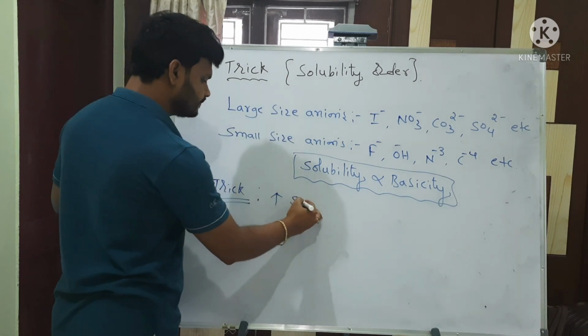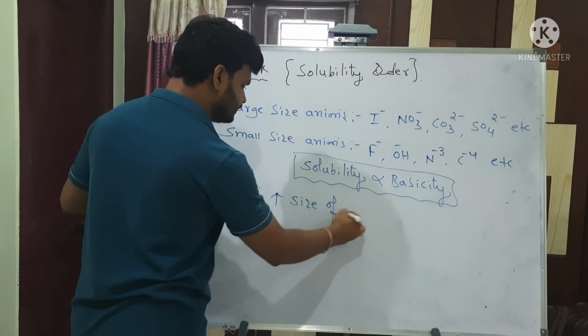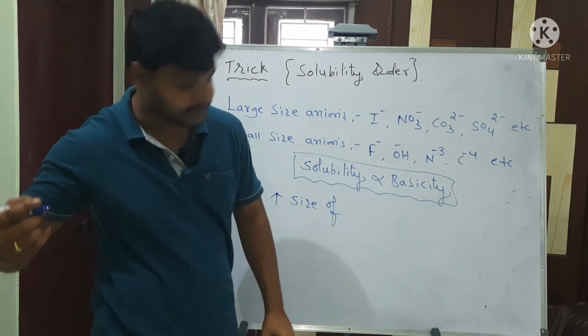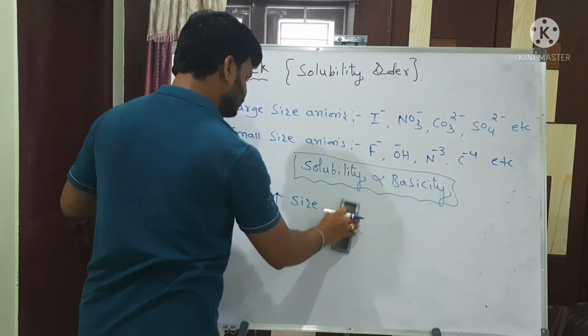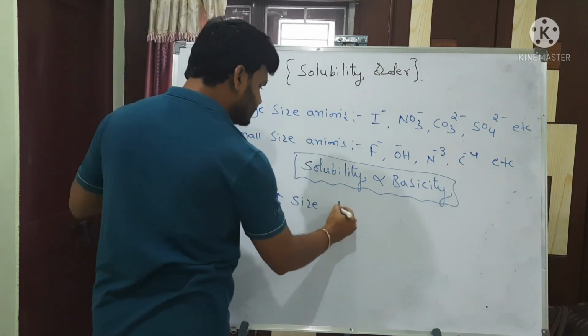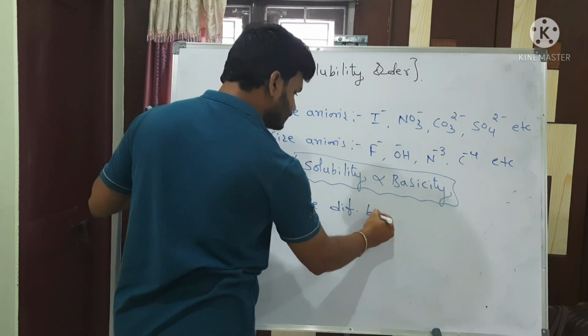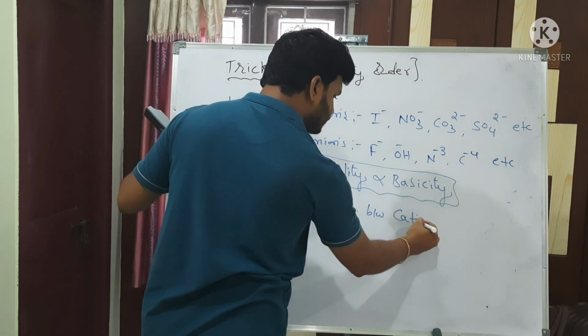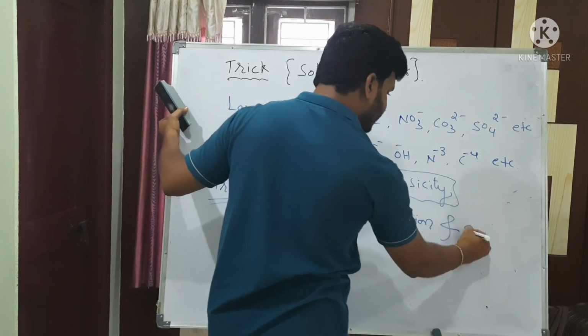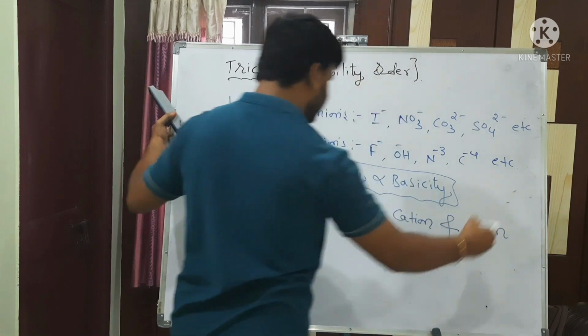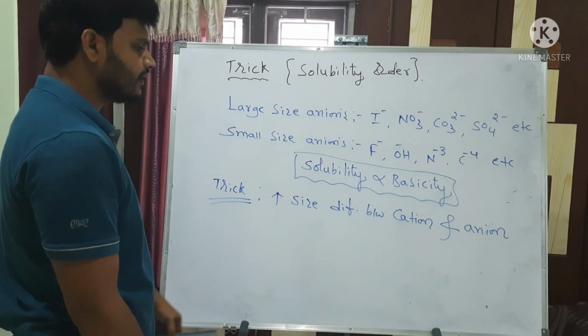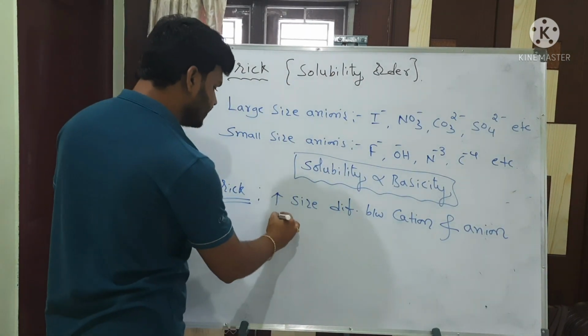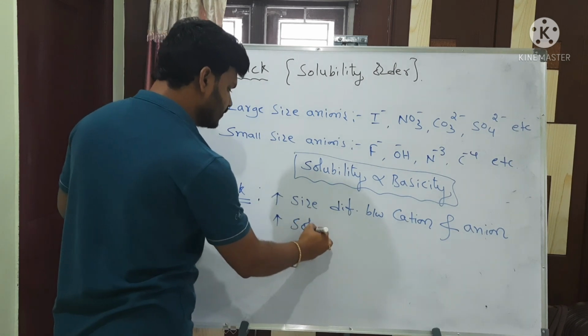What is the trick? This is the trick. Just a minute. Increase the size difference between cation and anion, then increase the solubility.